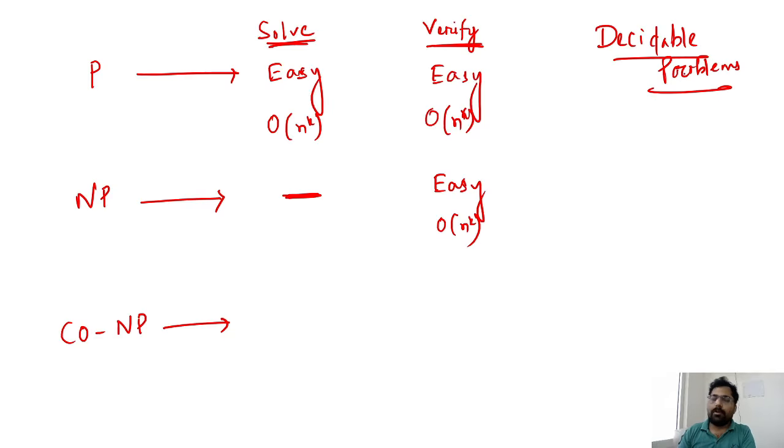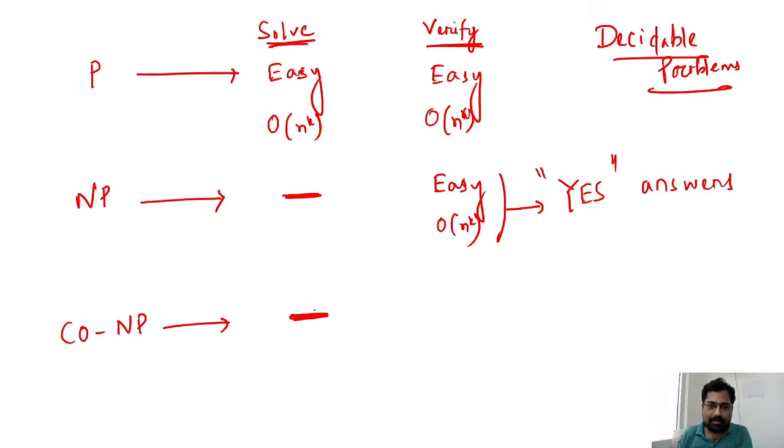For decidable problems, what are the issues we have? For decidable, we can write an algorithm, we have certain solutions for us. So decidable means either yes or no. For yes answers, if it is easy to verify, we can say it is NP.